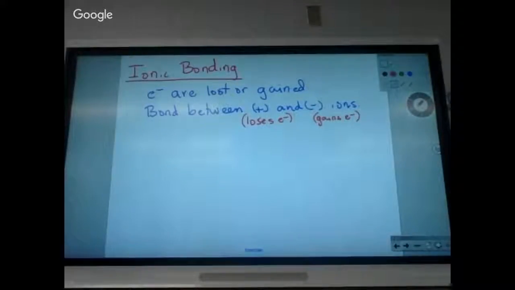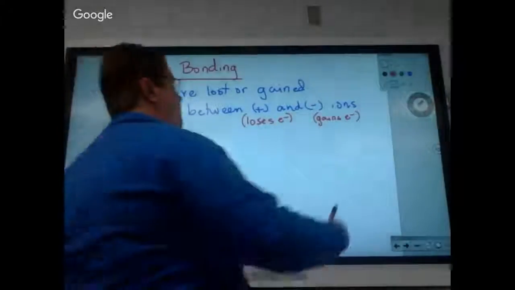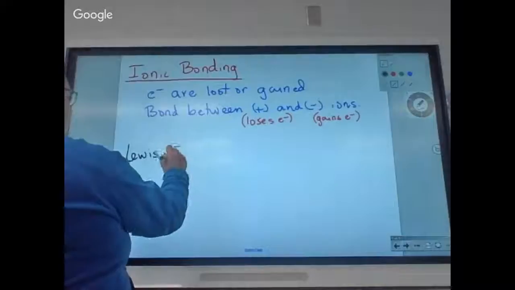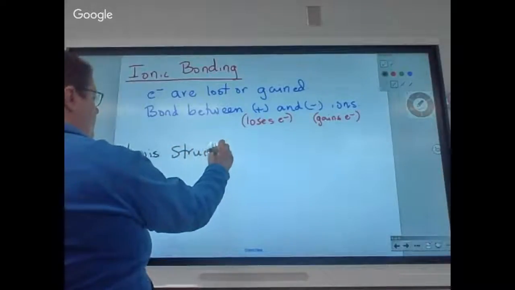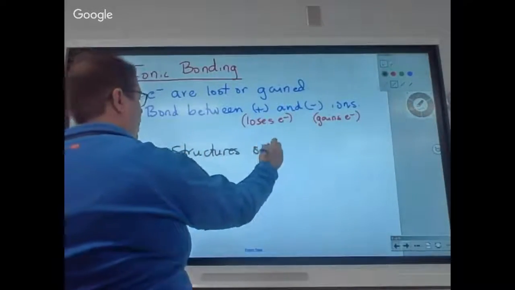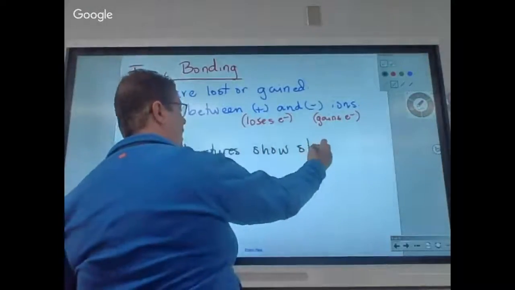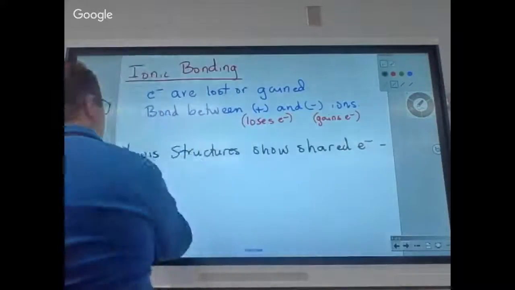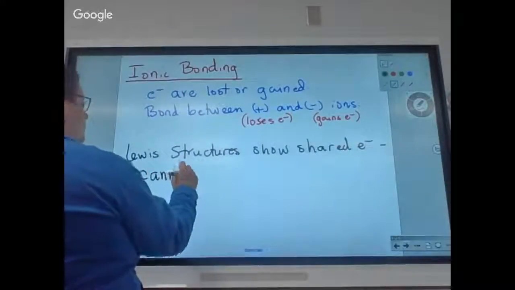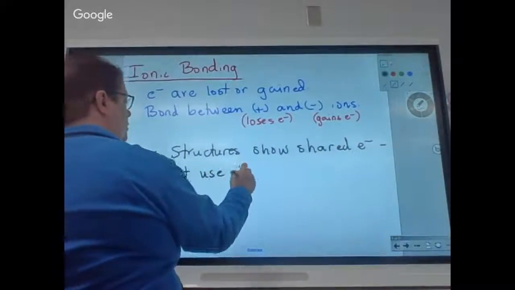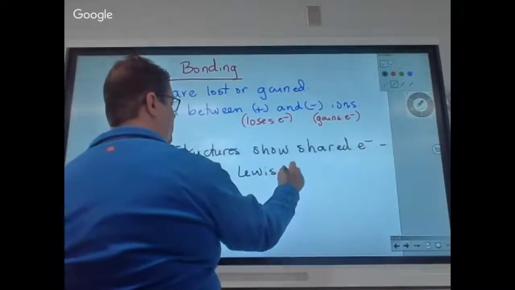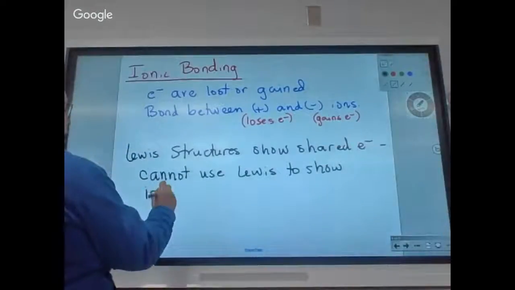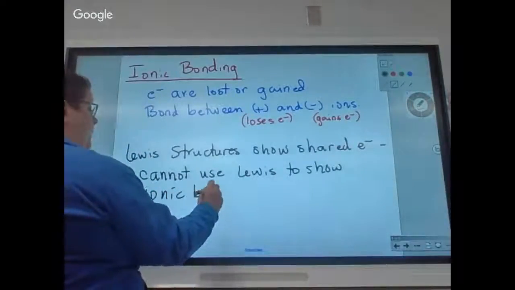So, if Lewis structures show shared electrons, we cannot use Lewis to show ionic bonding.